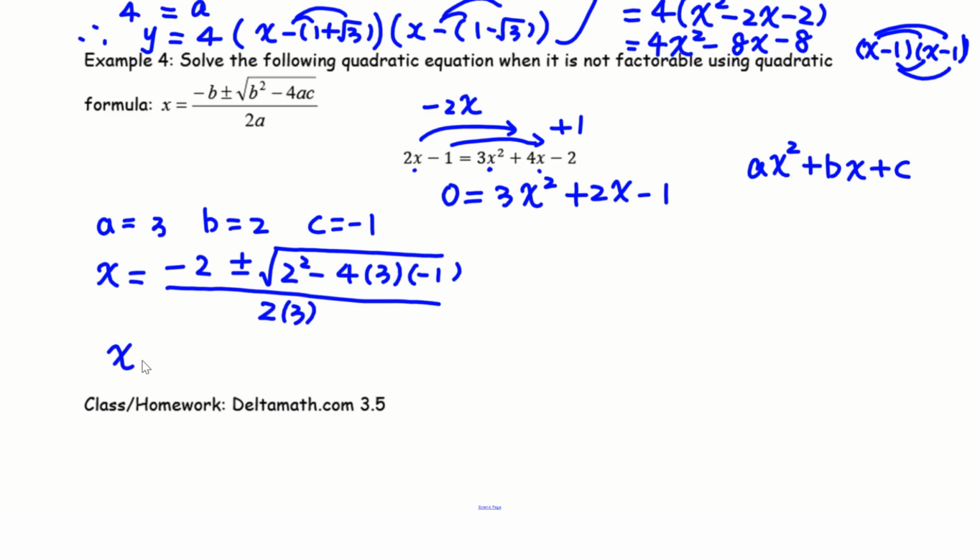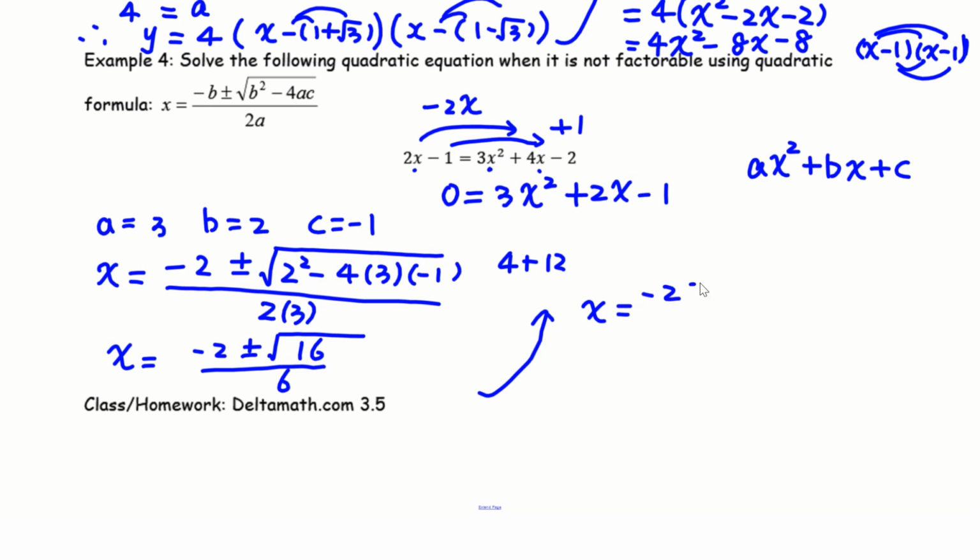Then we do the calculation of whatever is under the square root first. So 2 squared minus 4 times 3 times negative 1 is 12. So 4 plus 12 will give you 16, then over 6. Then continue. x equals negative 2 plus minus square root 16, which is 4, over 6.